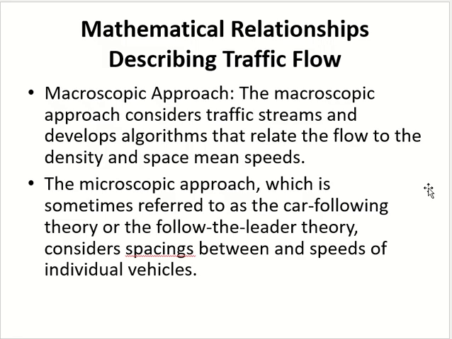In the microscopic approach, they are saying traffic flow can be modeled on the basis of how one car is following the other car. So according to this approach, they look at traffic by how one driver is following the other driver.